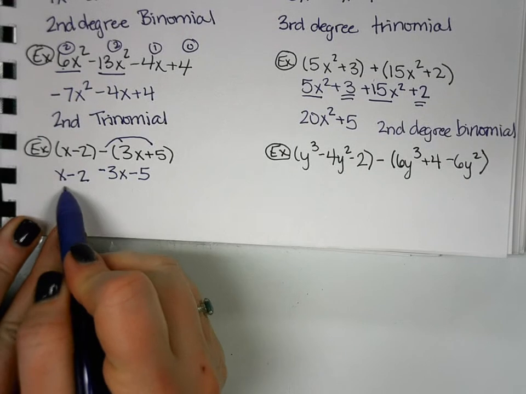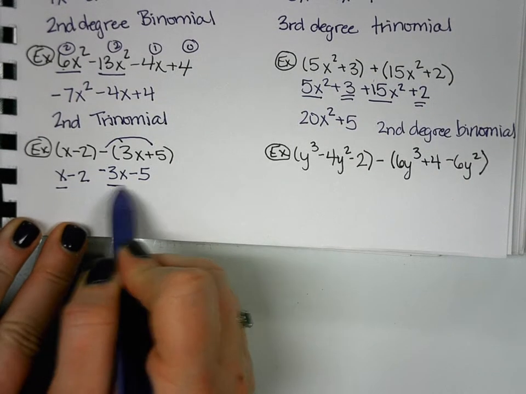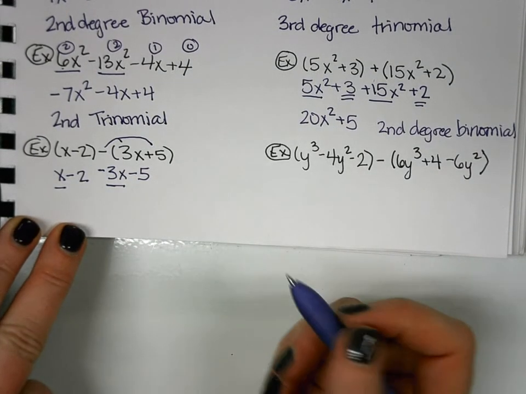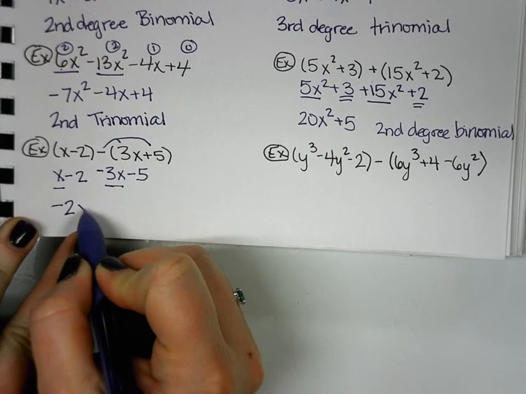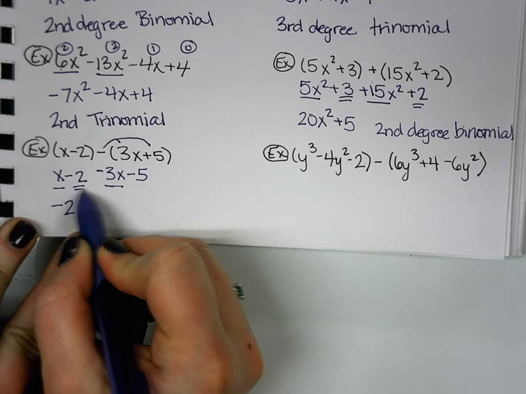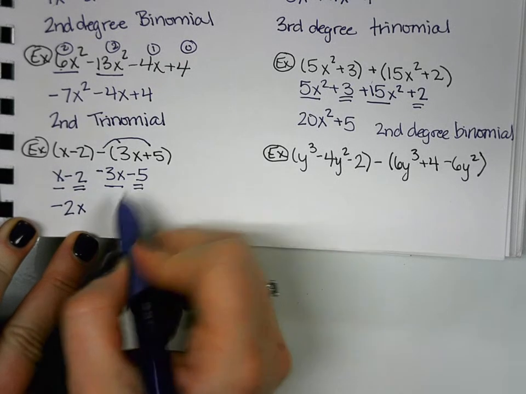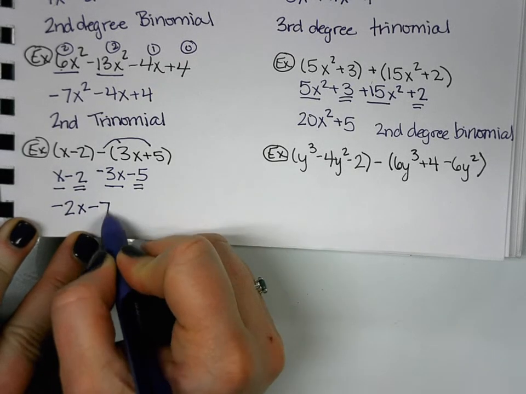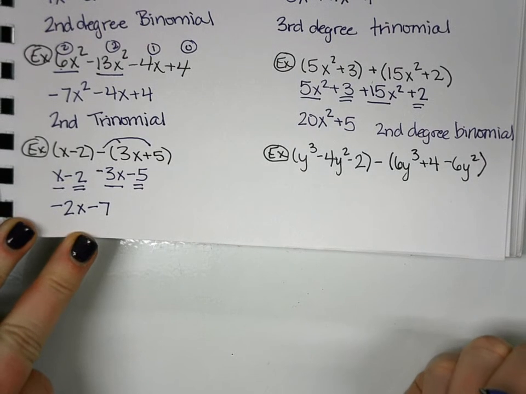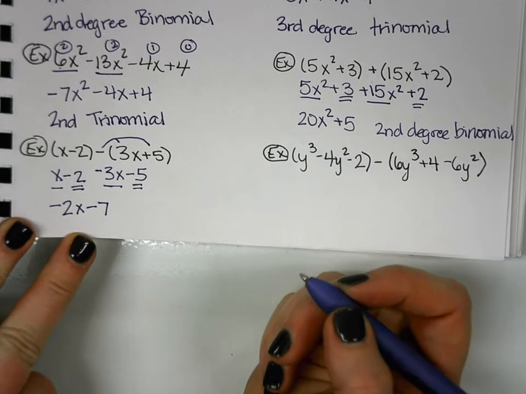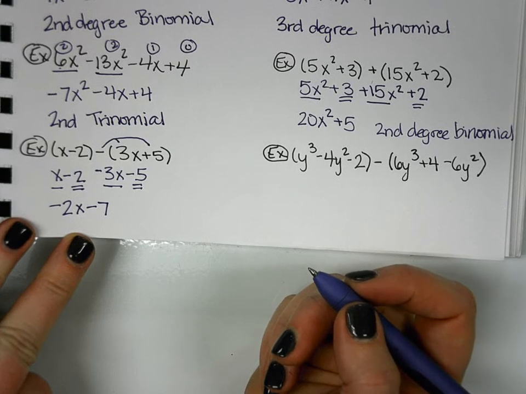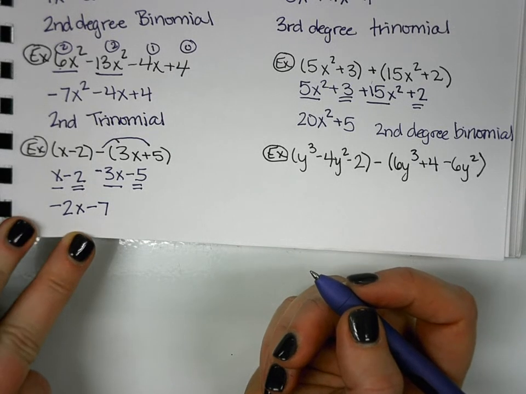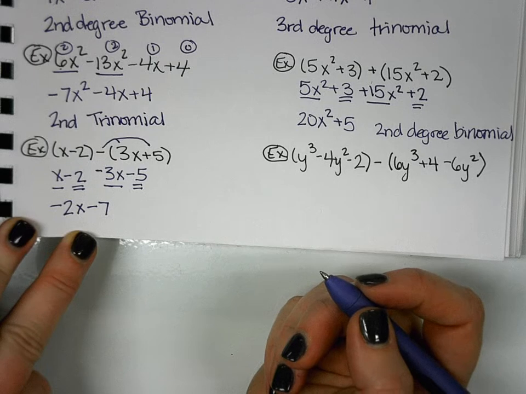Our like terms, x and negative 3x, add them together, we get negative 2x. The constants, negative 2 minus 5, negative 7. So how would that one be classified? Chase? A first degree binomial.